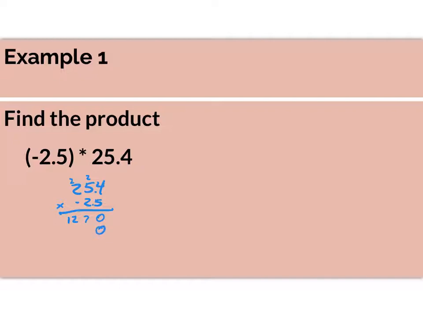Put a 0 for place value because now we're doing 20 times 254. 2 times 4 is 8, 2 times 5 is 10. 2 times 2 is 4, plus 1 is 5. Now we add. 7 and 8 is 15. 3, 6. We get 6350.